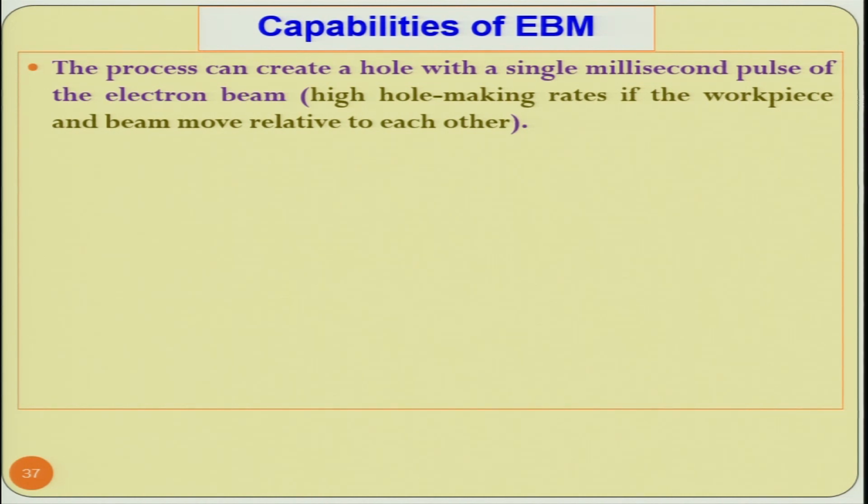This process can create a hole with a single millisecond pulse of the electron beam, with high hole-making rates if the workpiece and beam move relative to each other. So, when you are making many holes, you have to have relative motion between the workpiece and the beam.